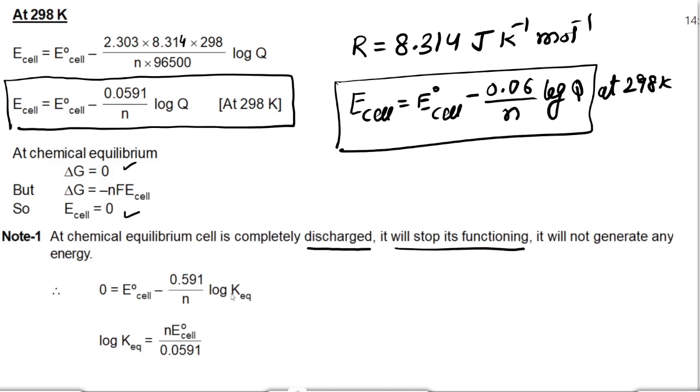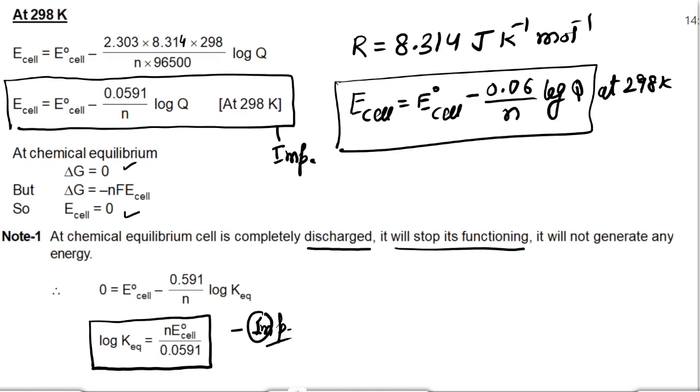So the relation between E naught cell and the equilibrium constant is log K equilibrium equal to n E naught cell divided by 0.0591. So this is one of the important equations. This one is also an important relation. These two relations are important here.